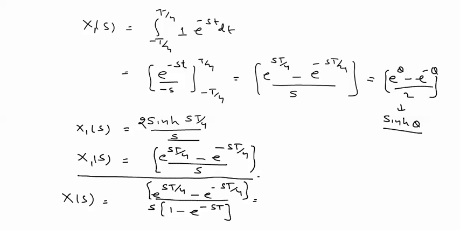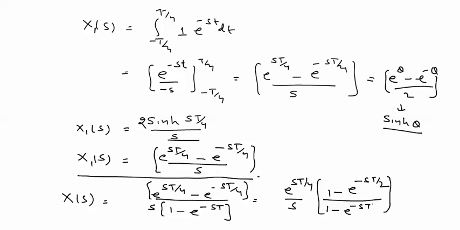If I take common from this, e power st by 4 upon s, 1 minus e power st by 2 upon 1 by T. We cancel out one term.